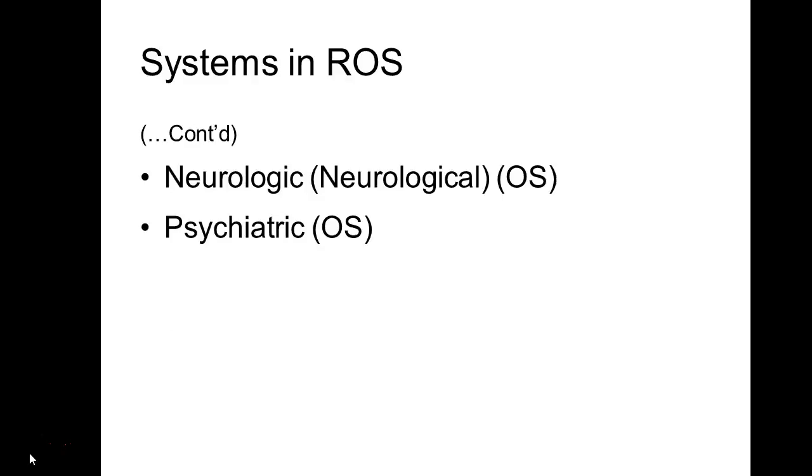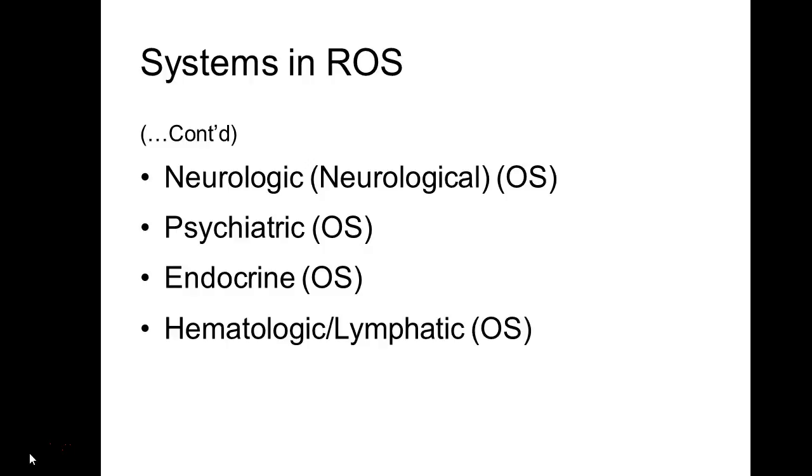We're also going to have the neurological. This is looking at our brain, our nervous system, and the ability to use the nervous system. Psychiatric, so we're looking specifically at the mind and the way the mind functions. Endocrine, so these are all of our secretions from our endocrine glands: pituitary, pineal, thyroid, pancreas, adrenals, testes, ovaries, all the endocrine gland secretions.